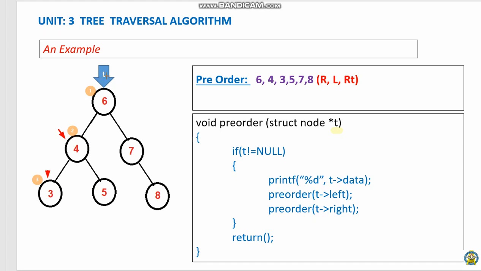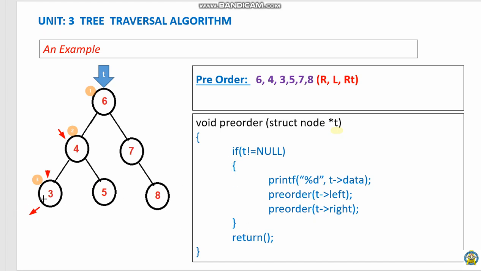And third time, after having printed the root T data, it goes to the left, T left. T left is null. So fourth time, T not equal to null fails, it is null. So this function will return.